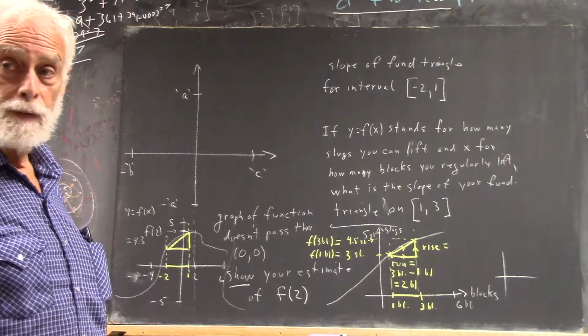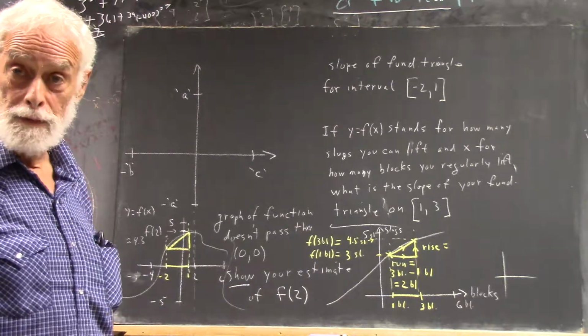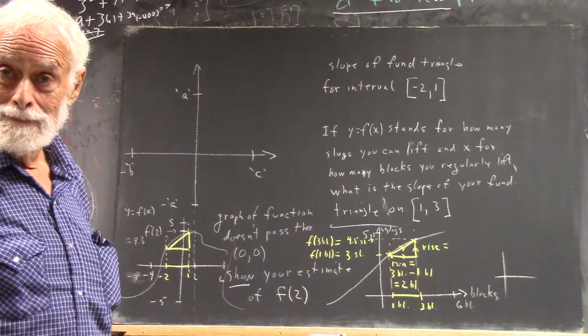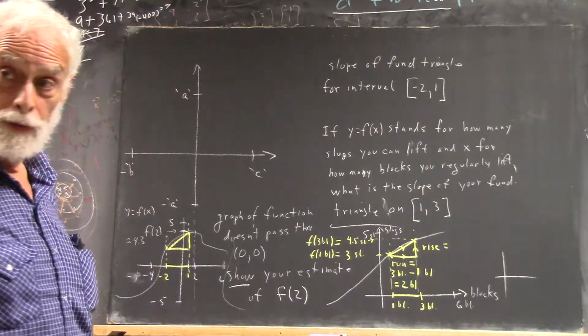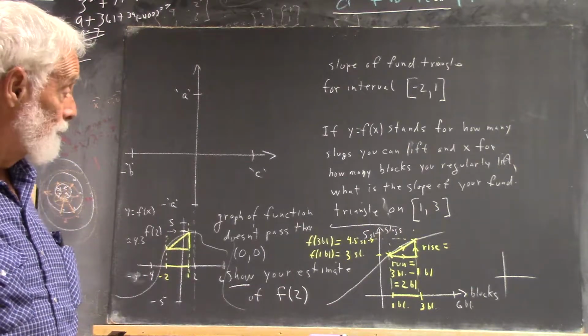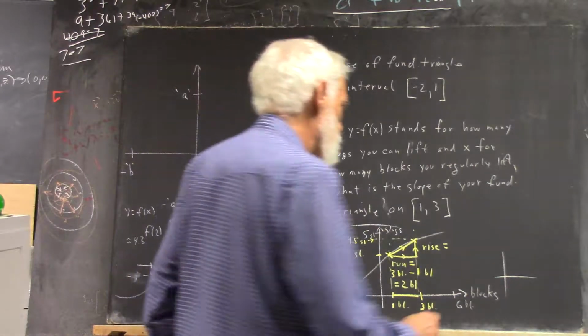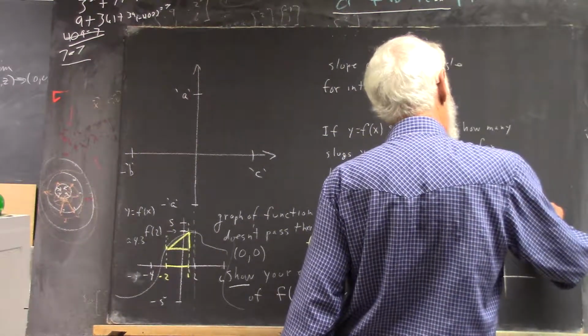Now, as most of you did, I didn't make my graph big enough to completely label the slope. Okay? I need to show my calculation for the slope. So I'll make a bigger fundamental triangle here.